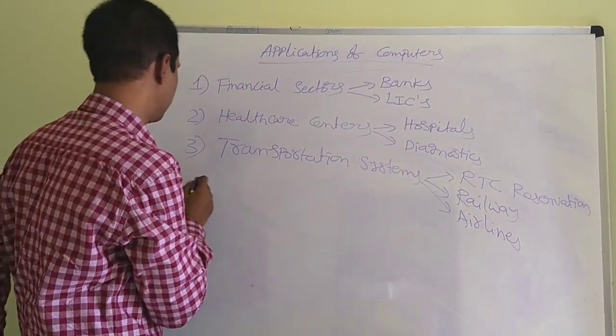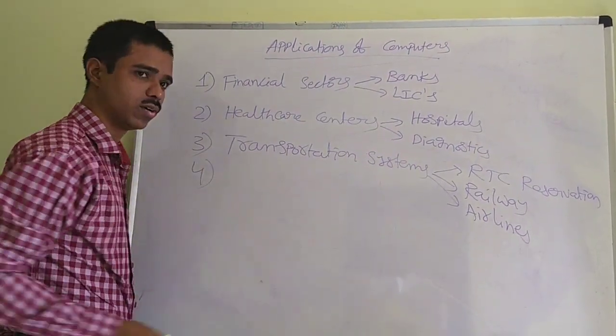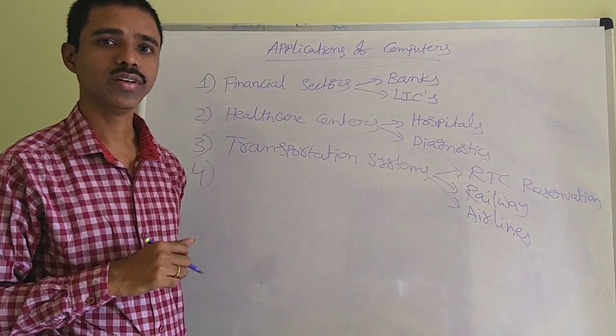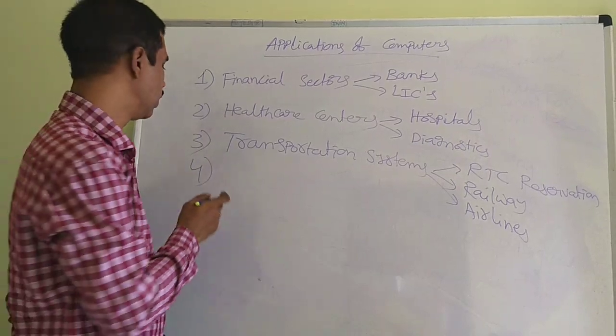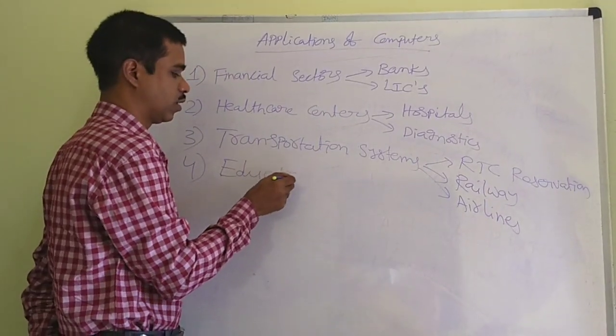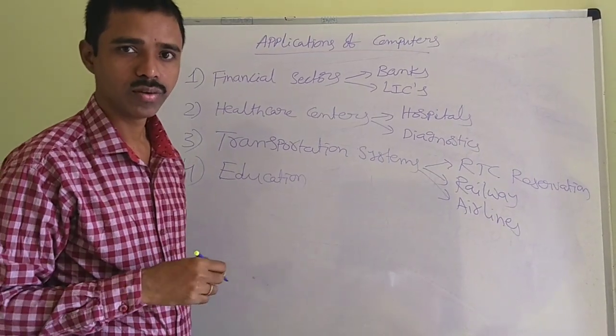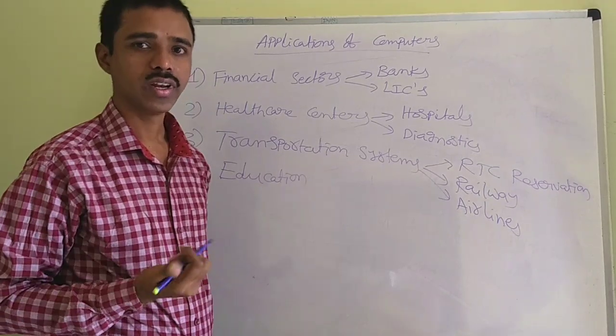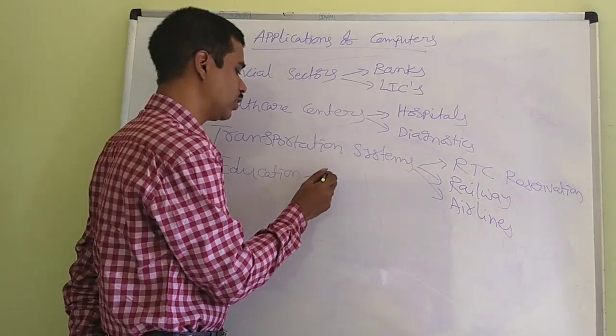Okay, transportation systems. Next, the fourth most important point is the education sector. In education we are using the computers in various ways. For example, if you want to learn a subject from videos, you are using the internet. That is also called e-learning.